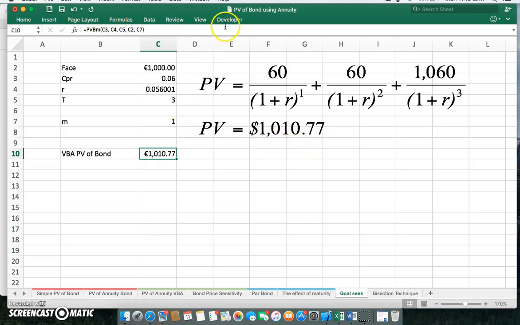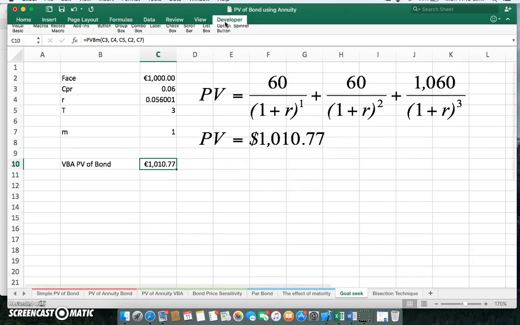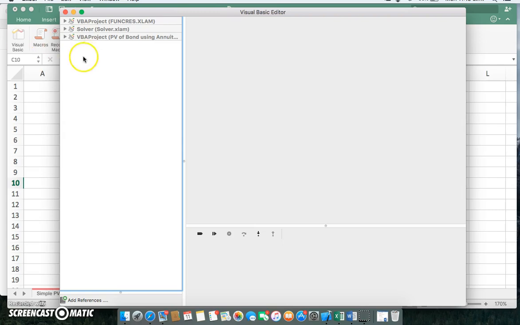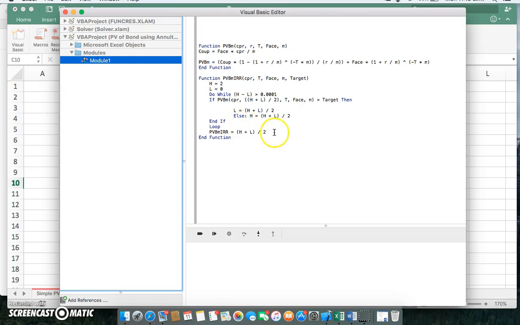Now previously we had set out some code in Visual Basic to estimate the yield to maturity of a bond, and I had set it out as, in this case, 2 functions, and here we had an implementation of a bisection function.